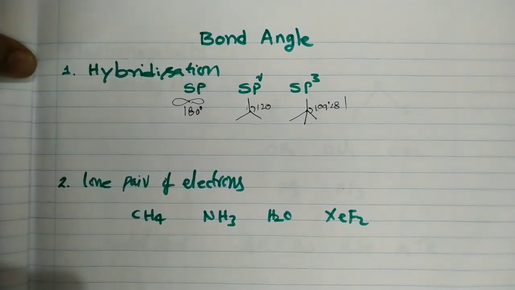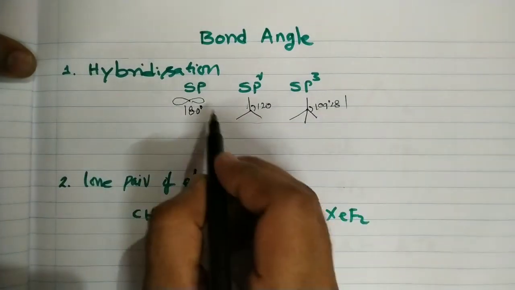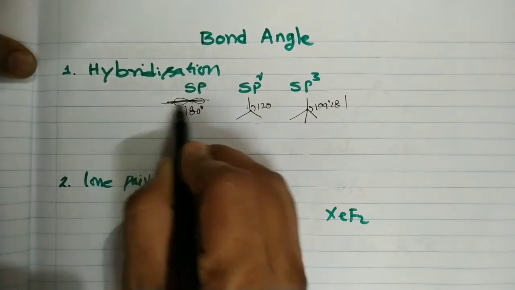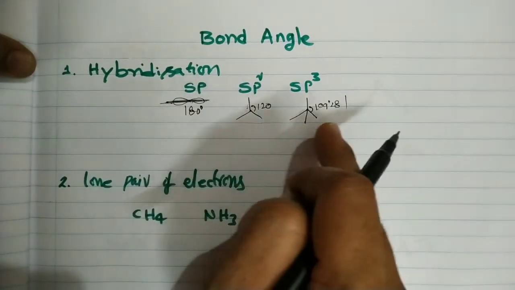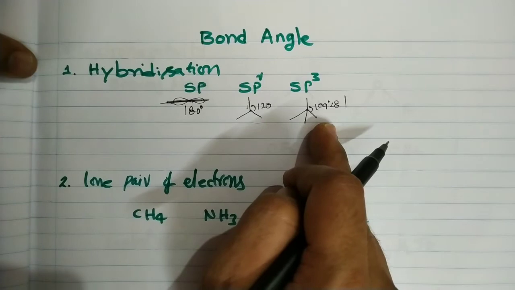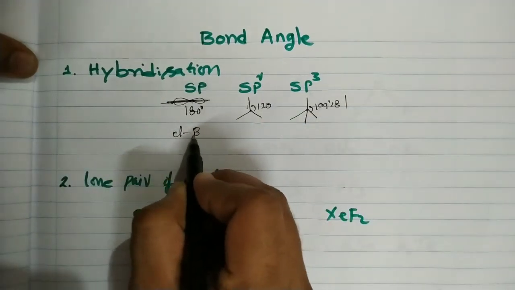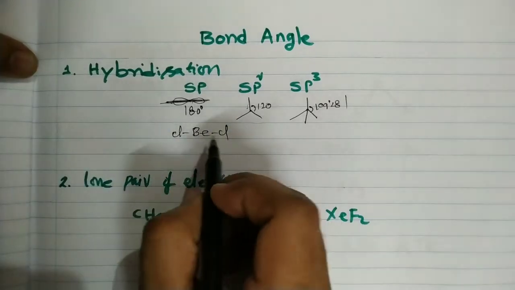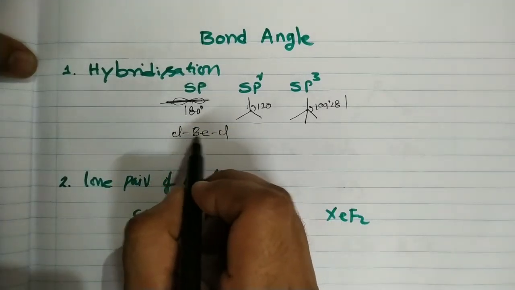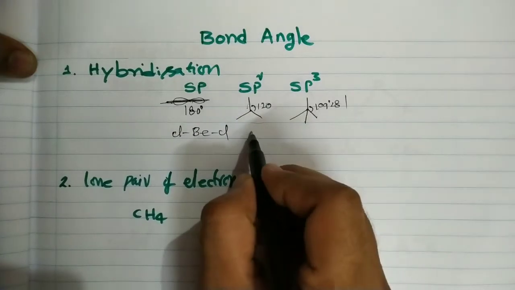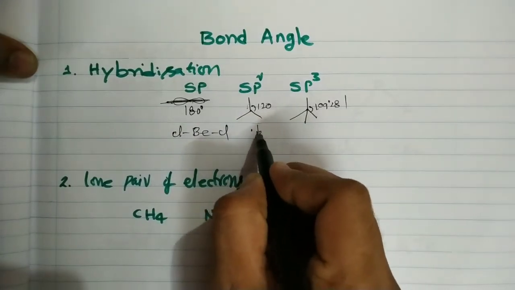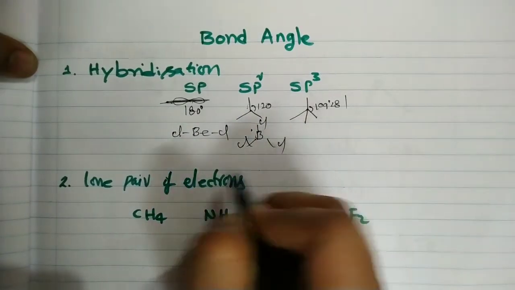Based on the number of hybrid orbitals: 2 hybrid orbitals give 180 degrees, 3 hybrid orbitals, and here 4 hybrid orbitals. So we can discuss like this: BeCl2 has sp hybridization, so the bond angle is 180 degrees. Now BeCl3.